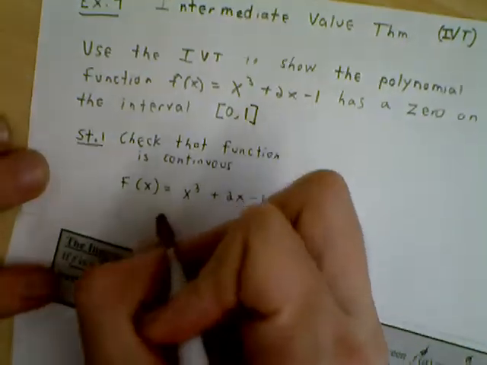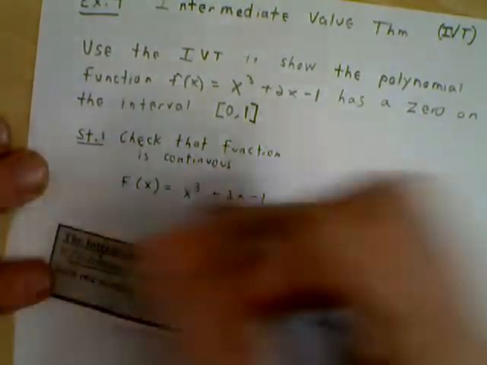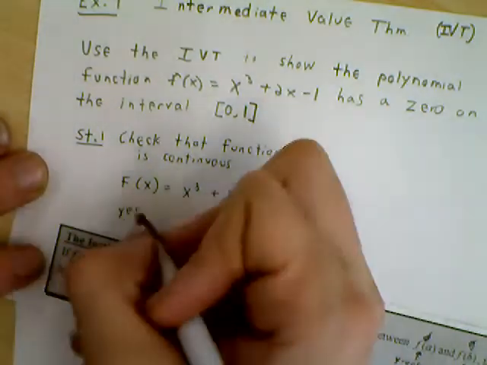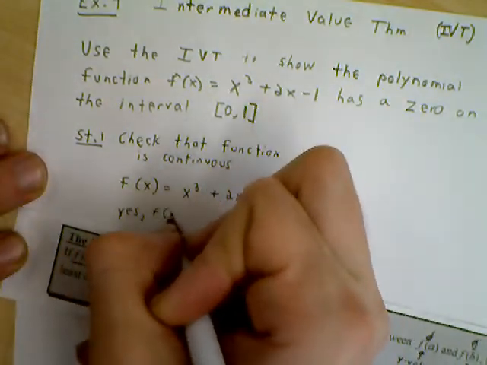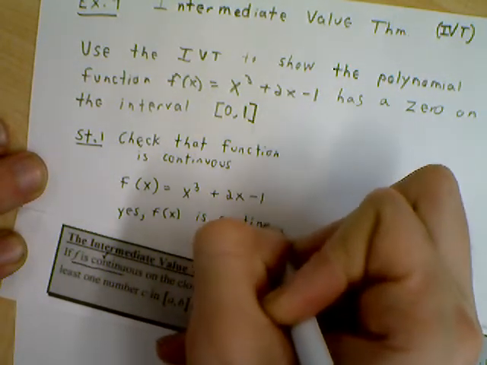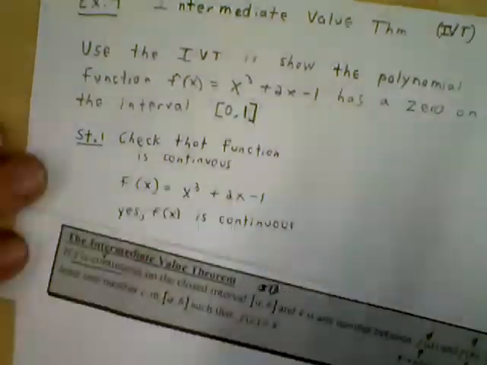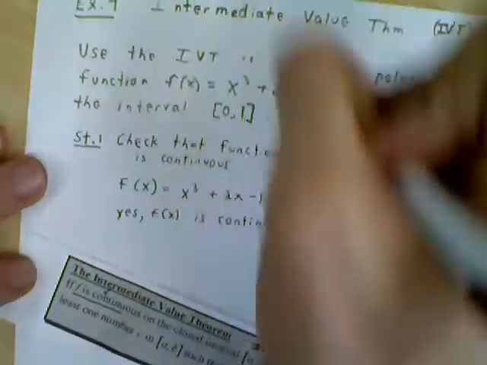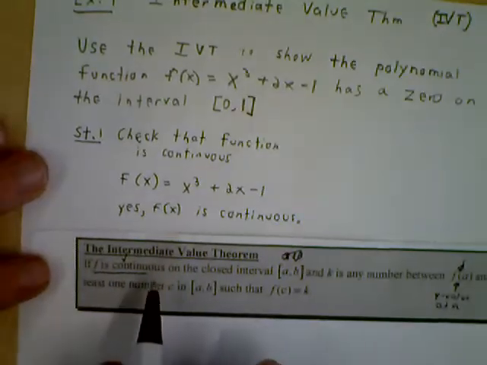Well, yes, it's continuous. This is a cubic function. All cubic functions are continuous. f of x is continuous because it's a polynomial function. So we met the first criteria. We can check off that it's continuous.